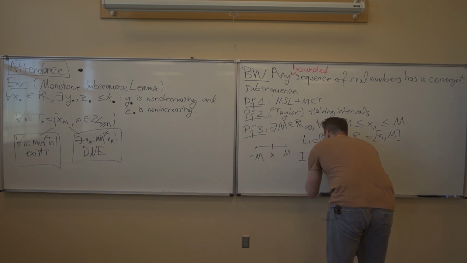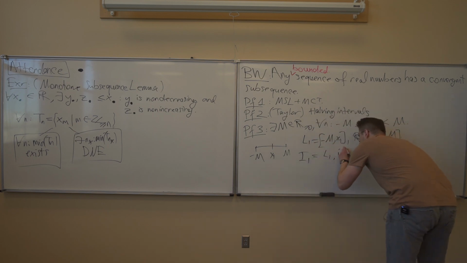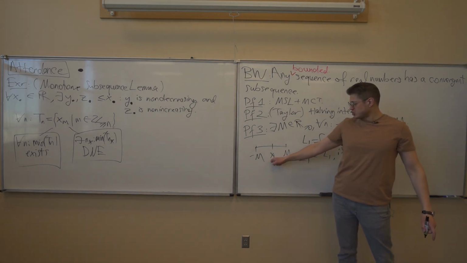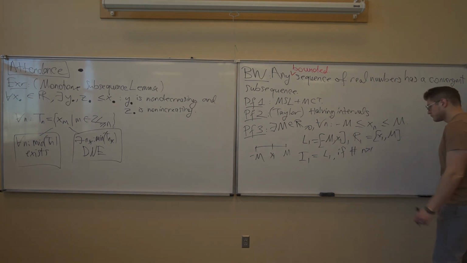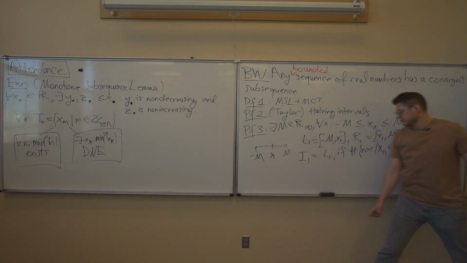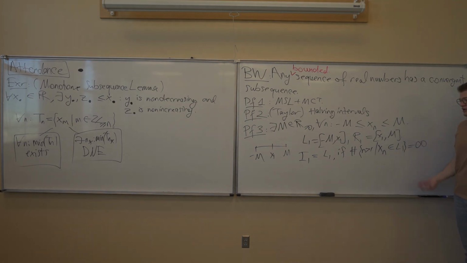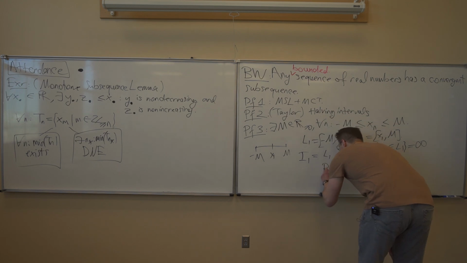I sub 1, I'm going to define as L sub 1 if the number of n's after this term that I had chosen, so after 1, such that x sub n is in L1, is infinite. So if I'm hitting the left interval infinitely many times after this first term that I had chosen, I choose as my next interval L1. Well, if this doesn't happen, then it must be the case that the other thing happens.